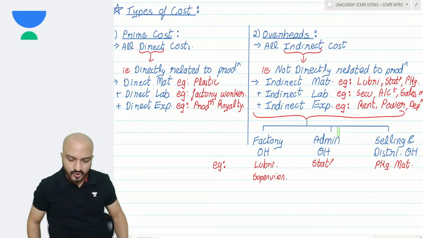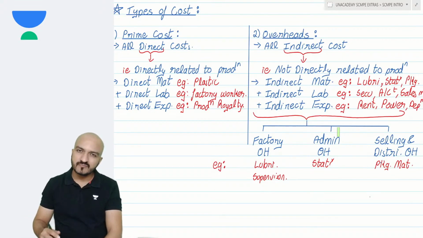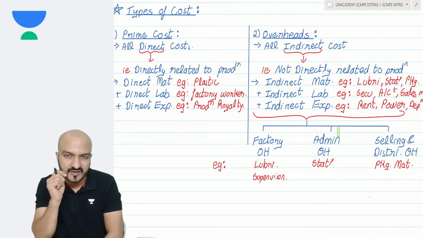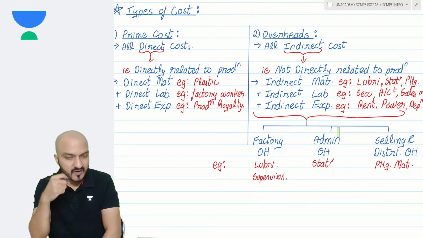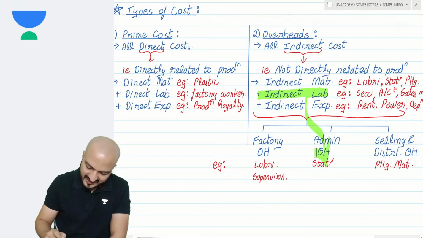Razia, security is an example, but give me a moment. I'll discuss it a little later. You give me an example other than security. Now give me an example for indirect labor used for admin.